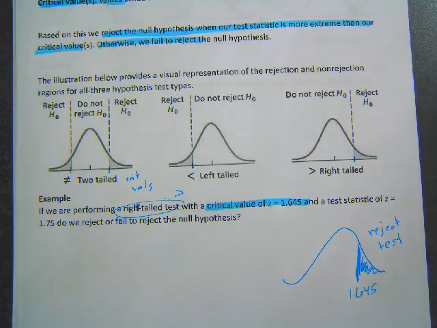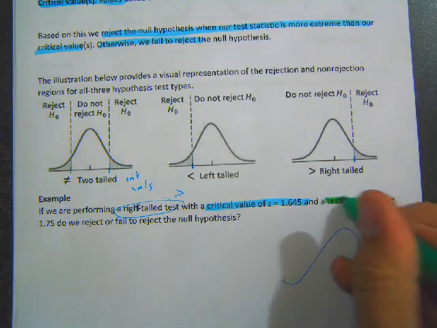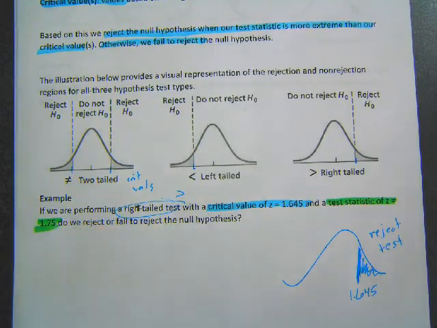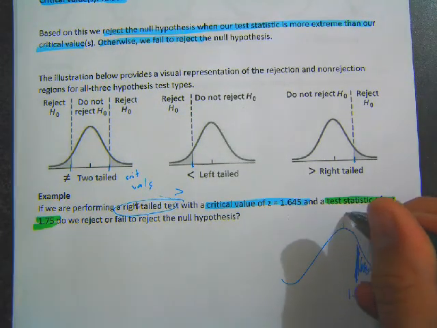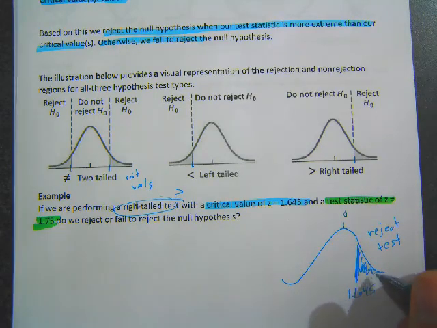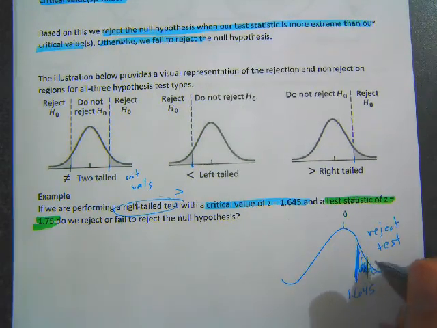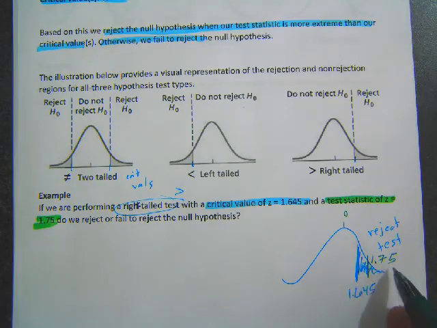So what's the test statistic for this one? The test statistic is 1.75. And since 0 is in the middle, right? Remember these guys, 0 is all in the middle. 1.75 is going to be over here in this region. So 1.75 is more extreme, right? It's further away from 0. It's in the rejection region.